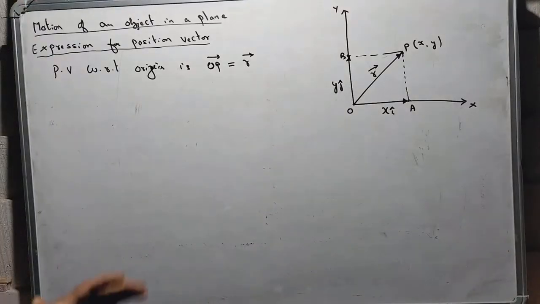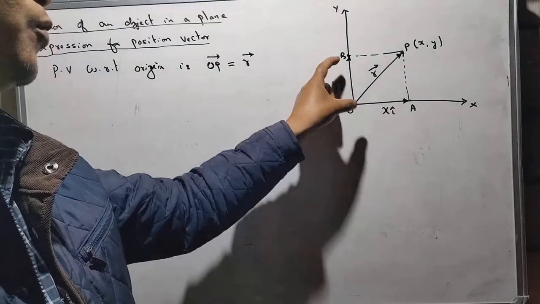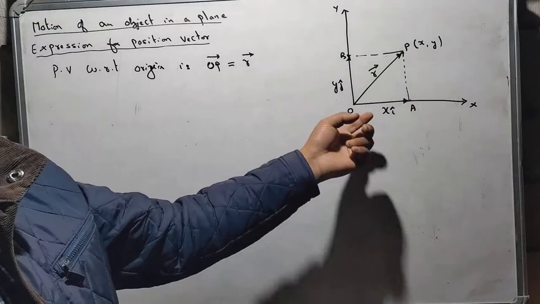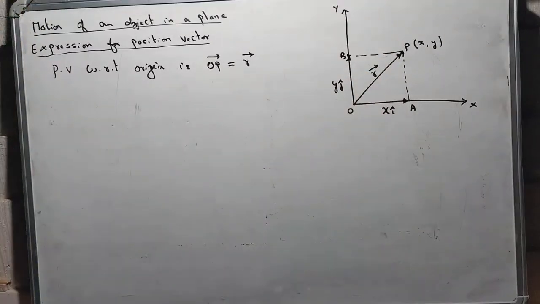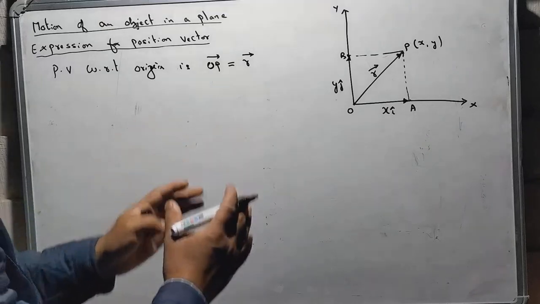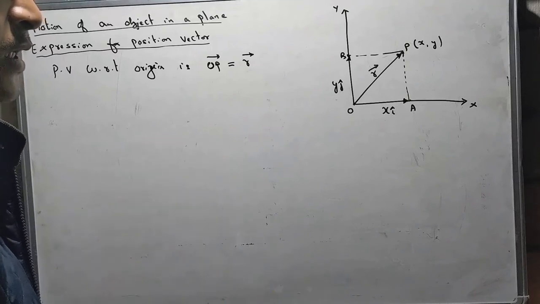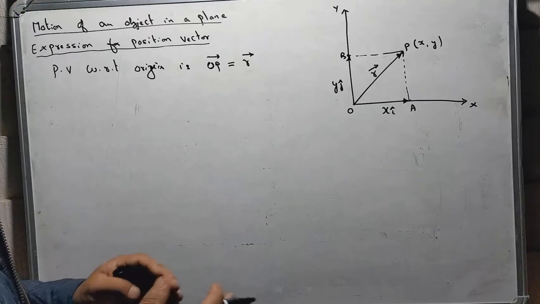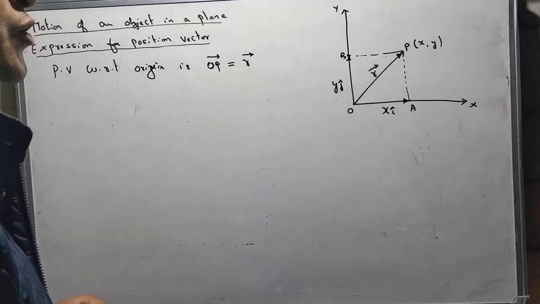Now this OA and OB are the rectangular components of the position vector OP. Therefore, I will resolve this vector OP into two rectangular components along the x and y axes. For that, we use the parallelogram law of vector addition.